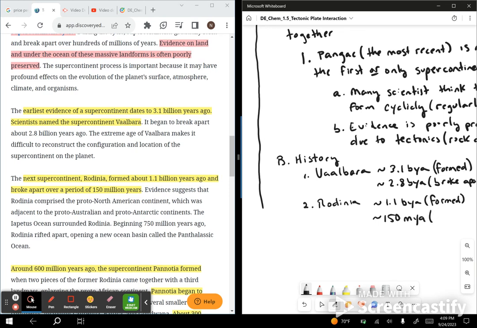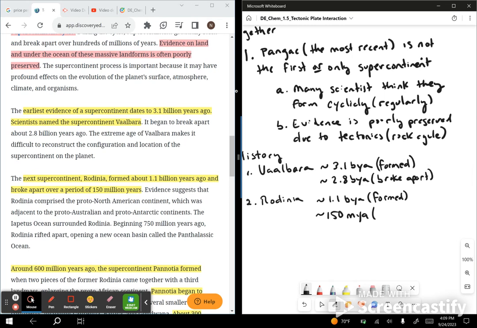MYA, broke apart, okay? If you need to write down what MYA means, write it down: million years ago. If you need to write down what BYA means, write it down: billion years ago.